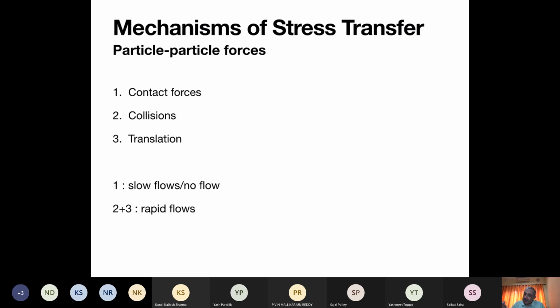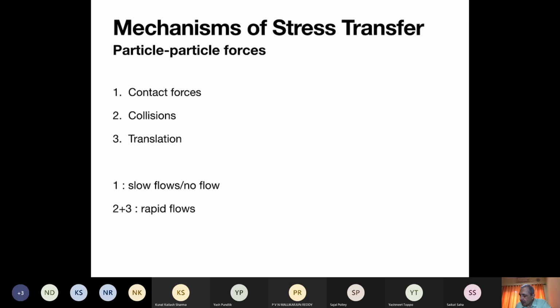That is, as the particles move, they carry some momentum with them, and that also results in stress transfer. So these are the three types of stress transfer that occur: two particles pressing against each other, or colliding with each other, or moving from one region to the other. All of these result in stress transfer, so we have to take these into account in our theory.